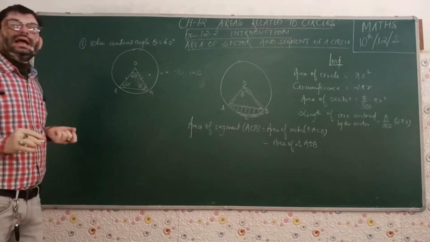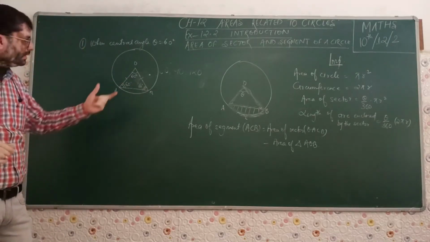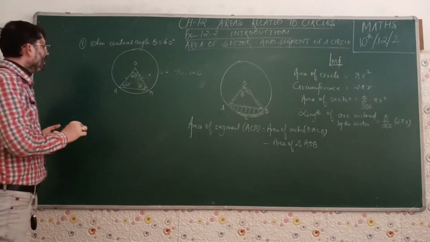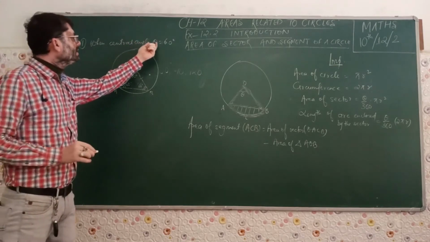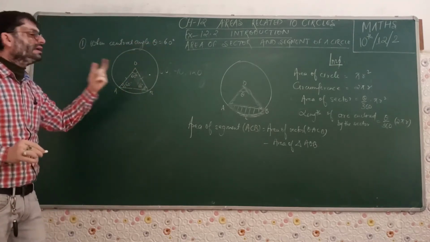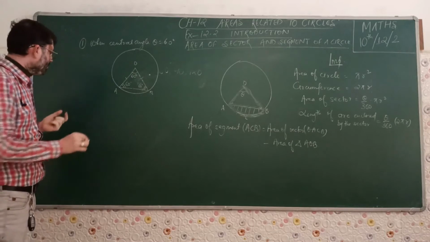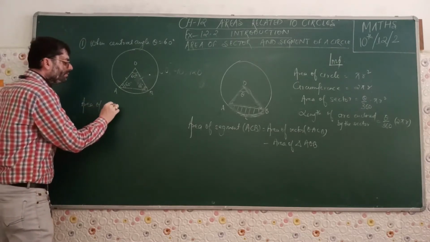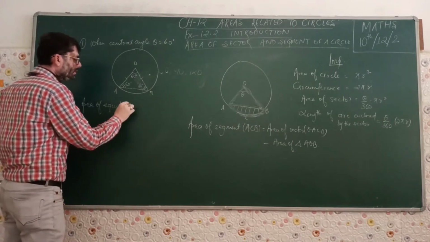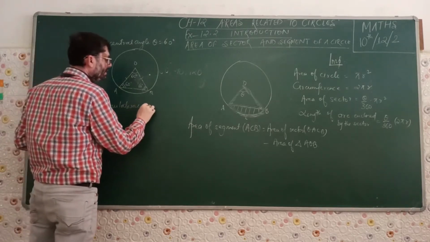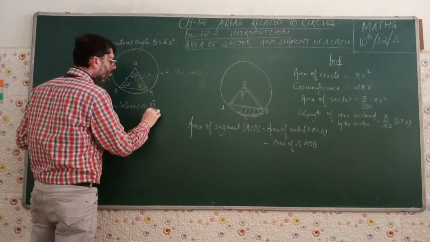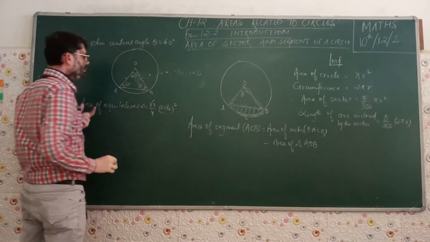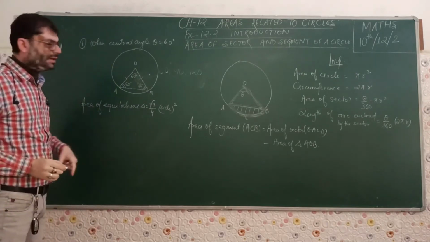Now it becomes an equilateral triangle: 60 degrees, 60 degrees, 60 degrees. So when the central angle theta is 60 degree, the triangle formed is an equilateral triangle. And we know that area of equilateral triangle is root 3 by 4 side square. Here you can consider any side because it's an equilateral triangle.